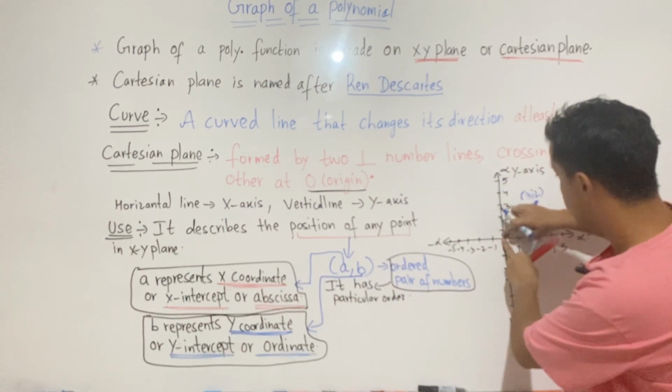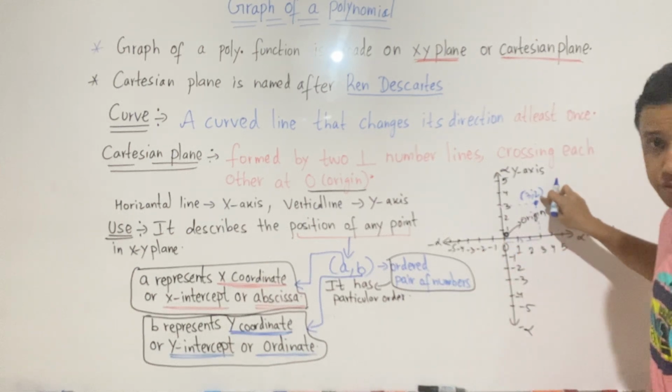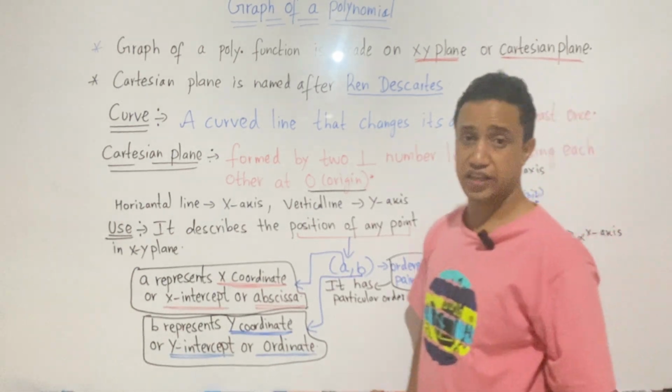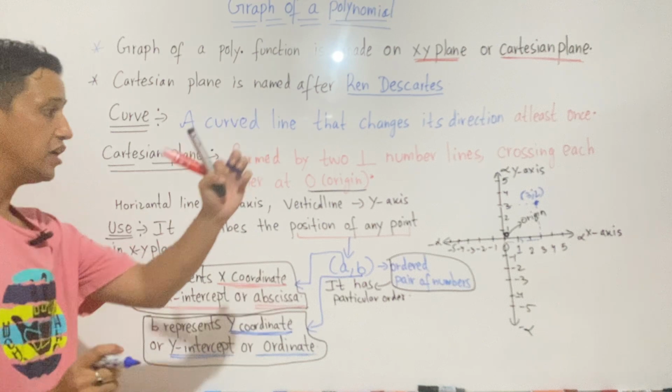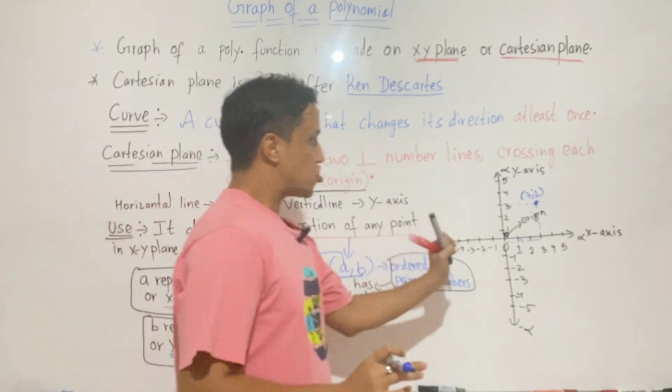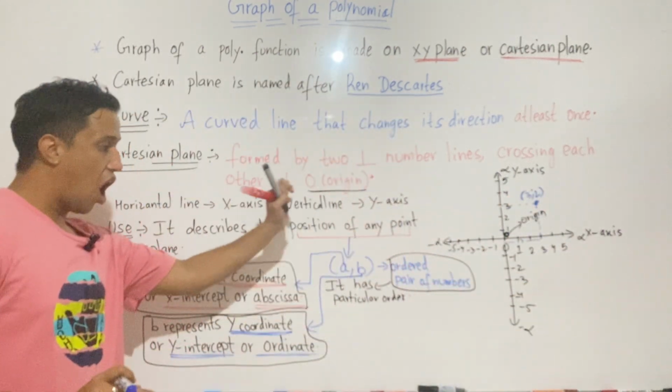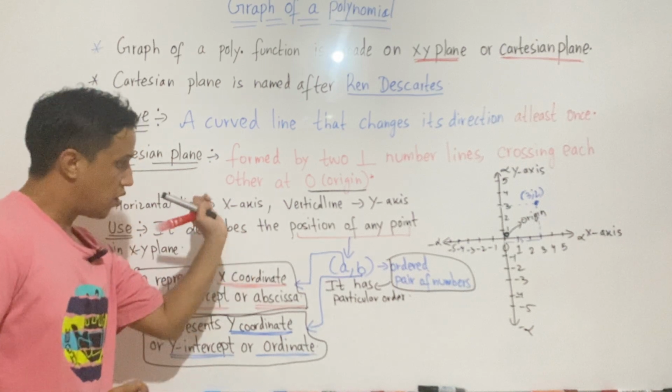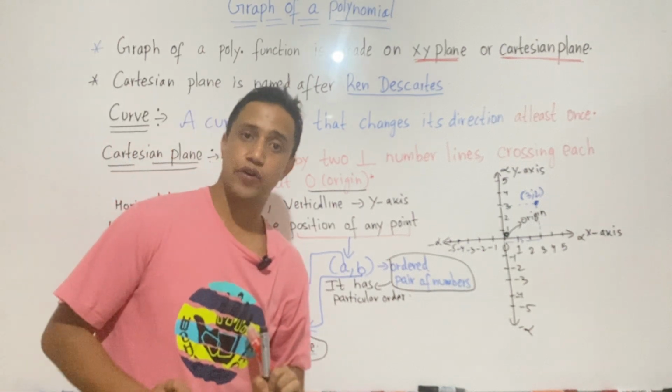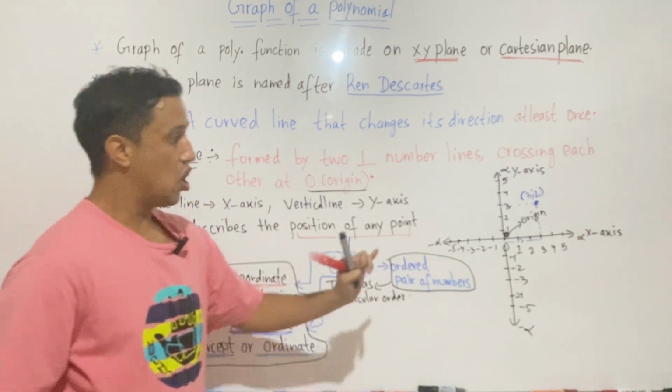So this is going to be my 2 units. I hope this is clear. So this all was the basics of your Cartesian plane.